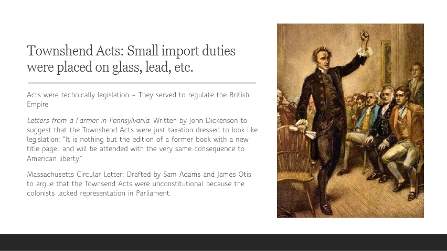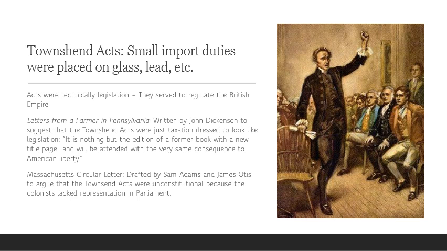And so essentially the Declaratory Act says we can tax you in any way we see fit, whether it's legislation or taxation. They kind of blow a raspberry at the colonists, but they also don't try them with the Townshend Acts, right? Because they could very well have passed the Declaratory Act and then passed something that was very much taxation. But instead, they're going to pass something that is technically legislation. But we'll see what the problem with that is in a second.